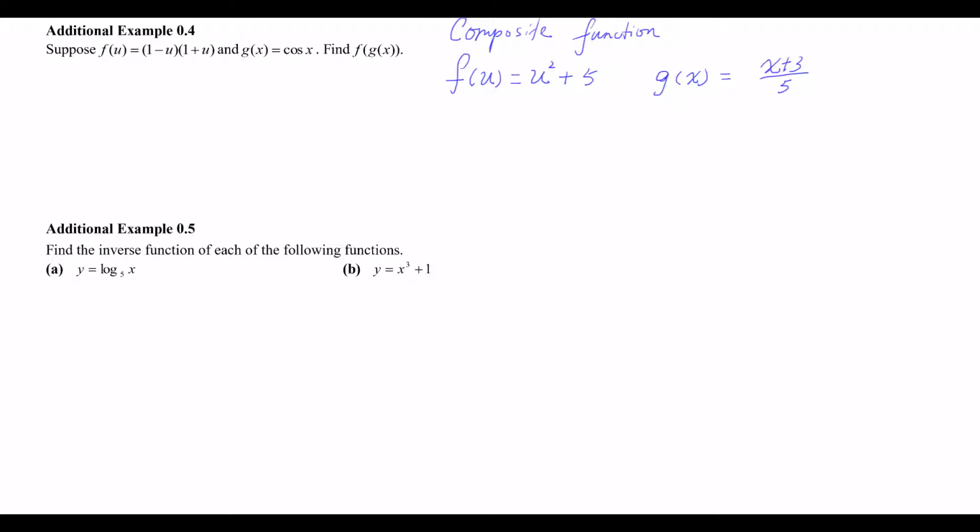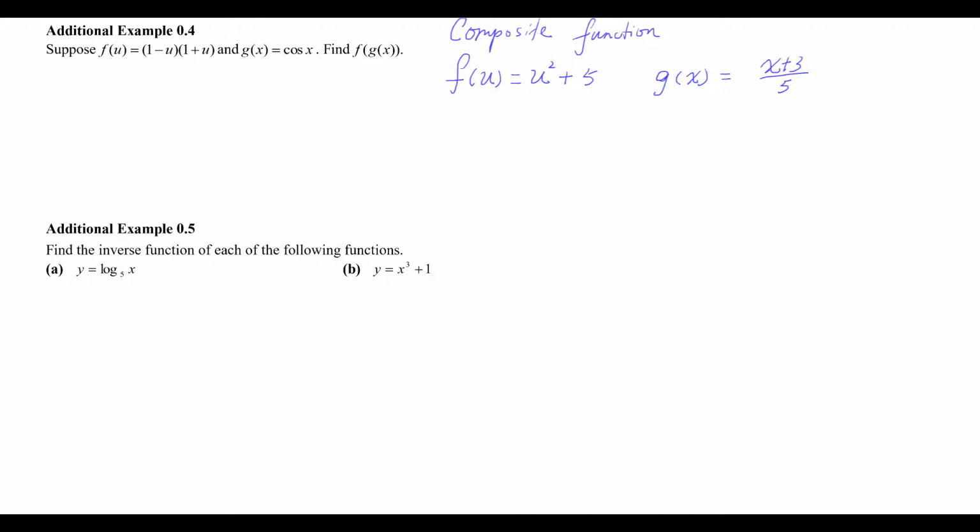If you look at this, there's a function called f. The independent variable of this function f is u, and this part gives you the instruction on how we operate on u. We take the square of u and then plus 5.